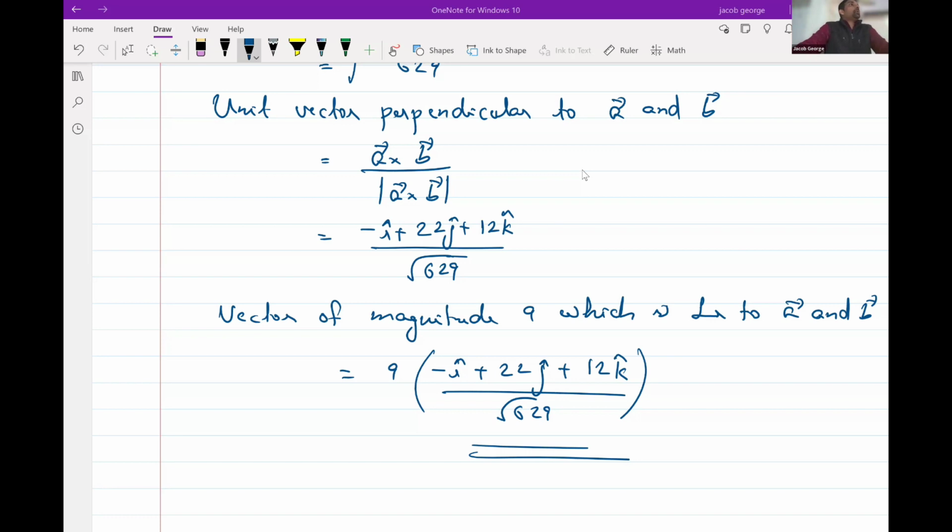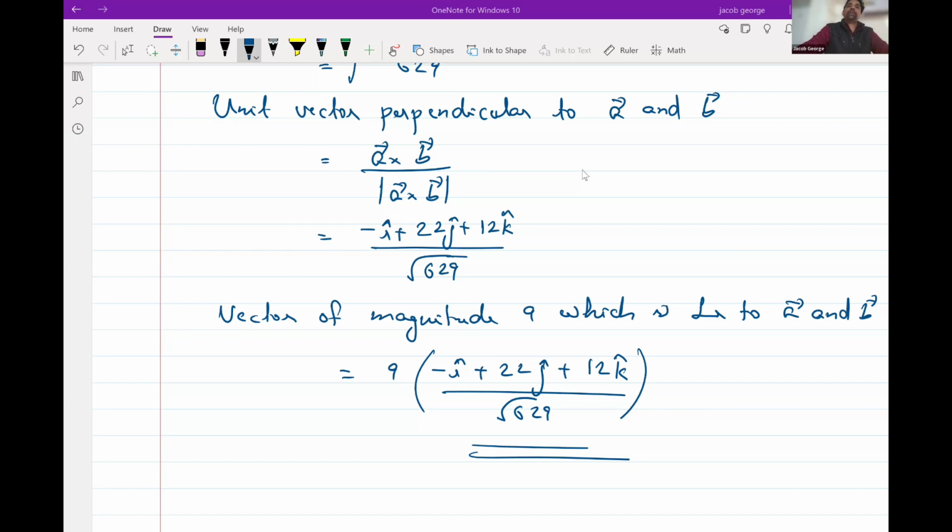And then how do you get direction cosines from that type of vector? Do you remember? If a vector is given as a i cap plus b j cap plus c k cap, convert it into a unit vector, vector A by magnitude of vector A. Then the coefficients of i cap, j cap, k cap in this unit vector A cap are called the direction cosines.